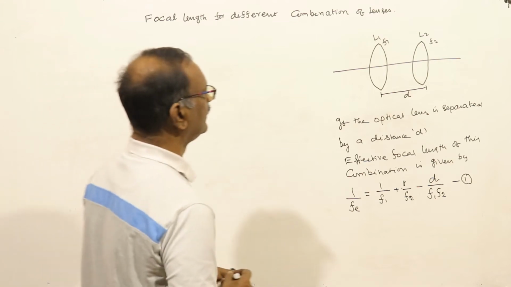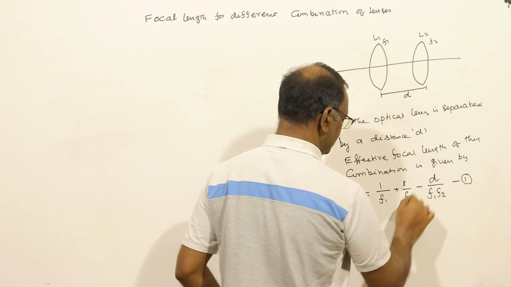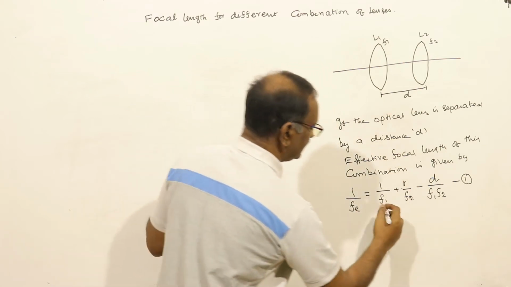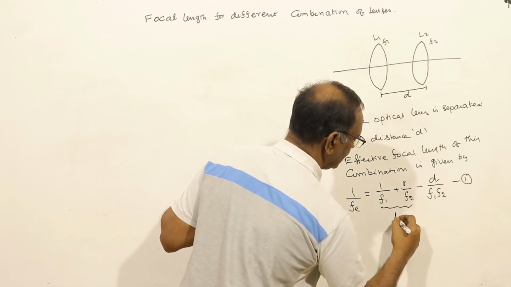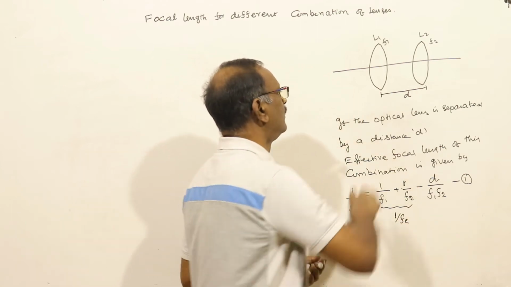If d is equal to 0, it means the distance between these two lenses is equal to 0, both are in contact, this becomes 0, this will become normal. This portion is equal to 1 by Fe of the combination when both are in contact.